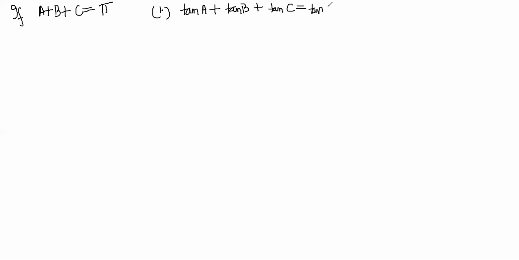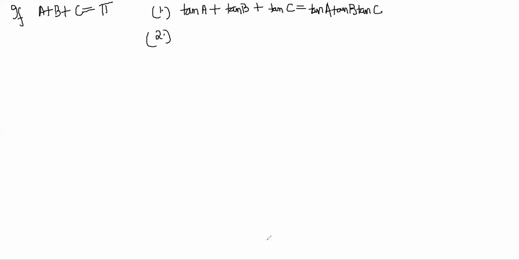Now we come to some trigonometric identities that we want to prove, conditional identities. If A plus B plus C is equal to pi, I want you to prove: one, tan A plus tan B plus tan C is equal to tan A tan B tan C. I think we saw that also last class.